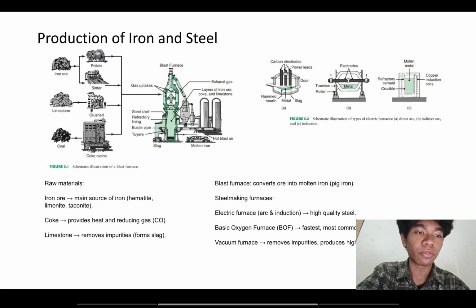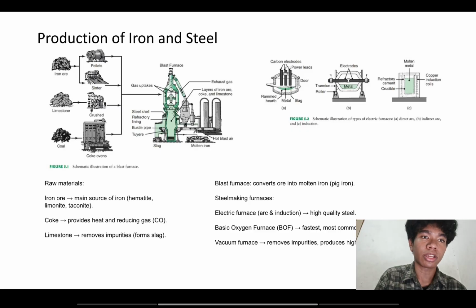For the basic oxygen furnace, it is the most common and the fastest, using pure oxygen to produce a lot of metal. Okay, next.